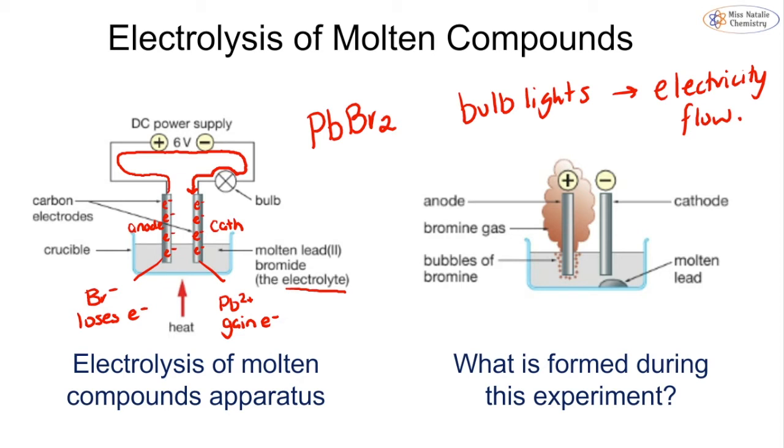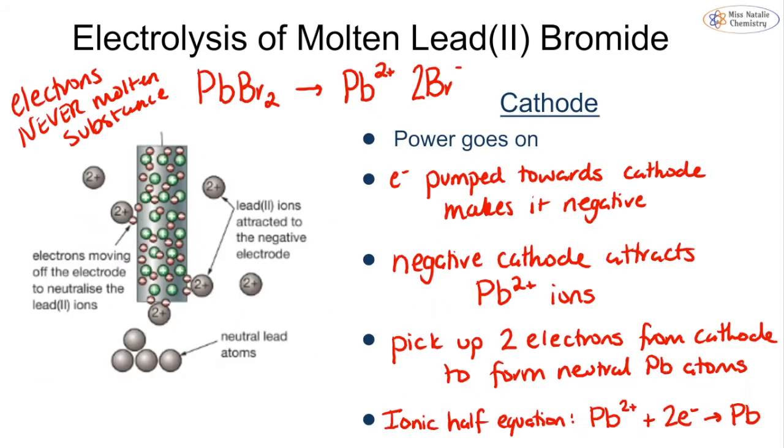And that is now forming my bromine molecules, which is my bromine gas, and my lead atoms. Both of my neutral substances being formed, and I can physically see them being formed during this molten process.